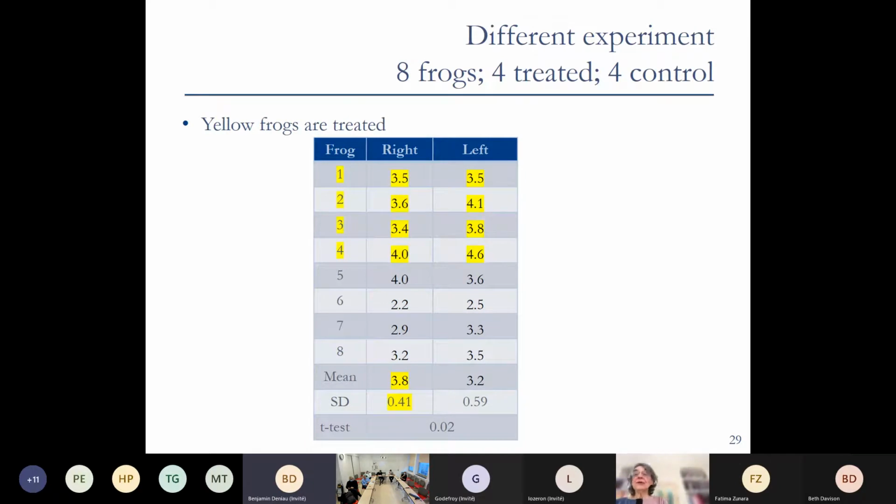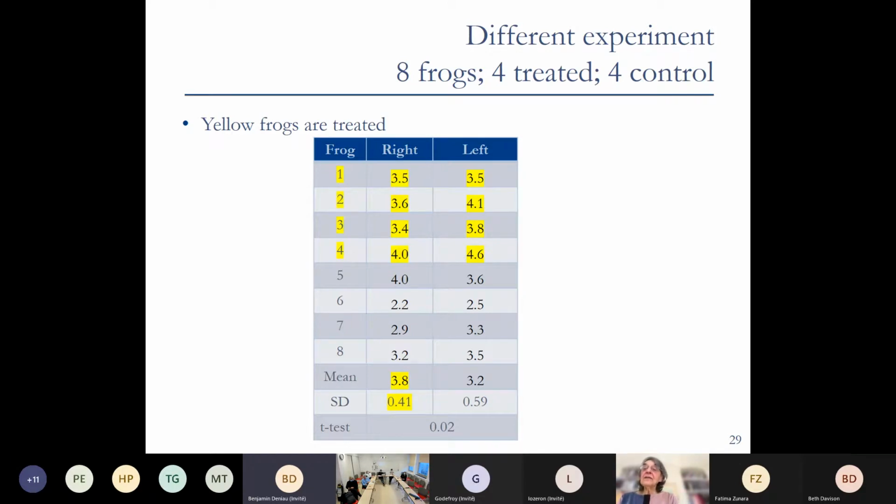So here's a different experiment. I have, again, 8 frogs. I treat 4 of them, both the right eye and the left eye. And frogs 5 through 8, I don't treat.